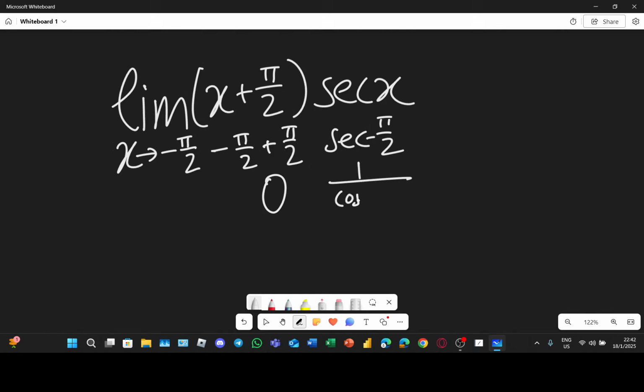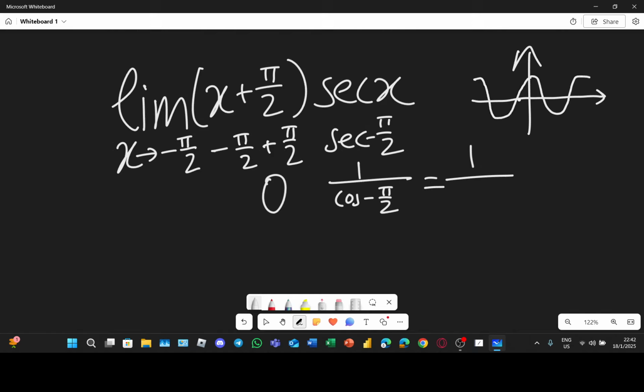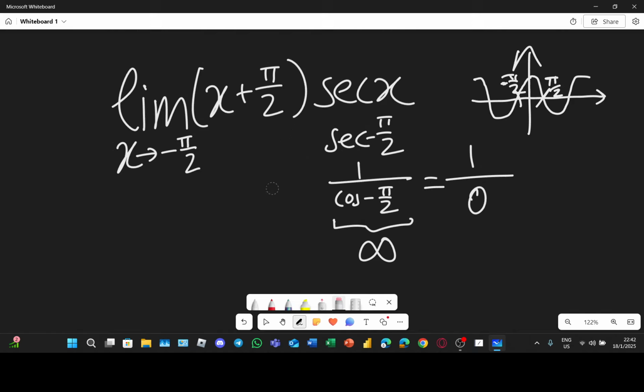Then 1 over cosine of negative pi over 2 gives us 1 over 0. So this expression gives us infinity. So we have 0 multiplied by infinity. So this is one of the 7 indeterminate forms that exist when evaluating limits.